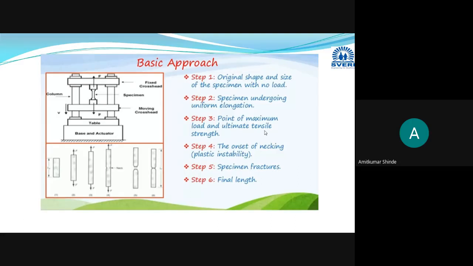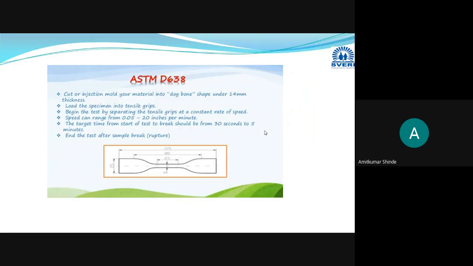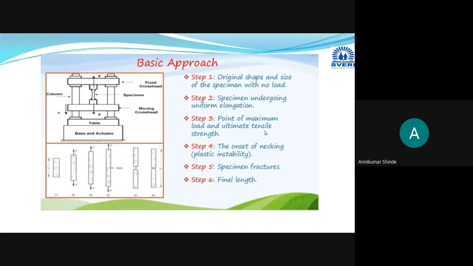Okay, and at the end, the specimen fractures, and related to that, you have to take the readings. Okay, so this is the general tensile testing method.